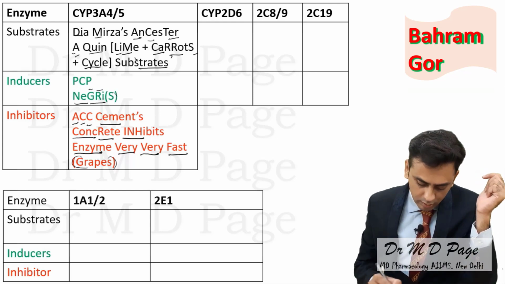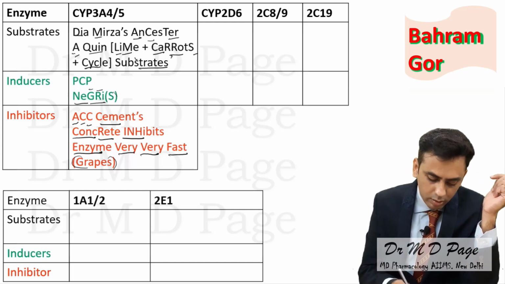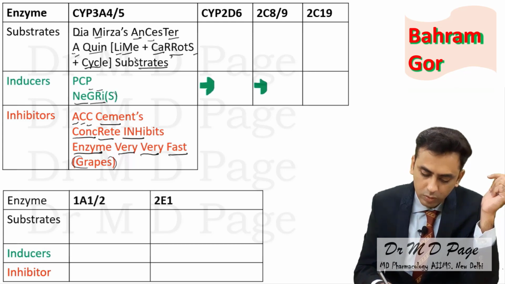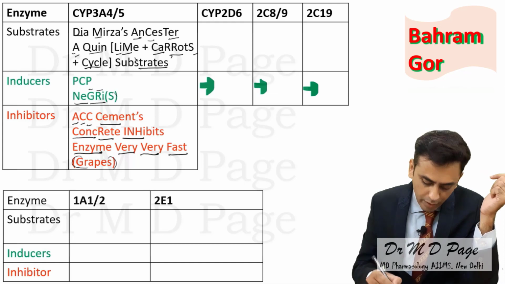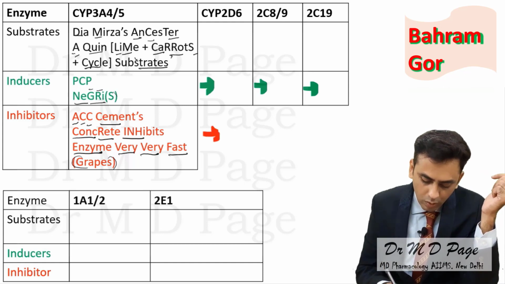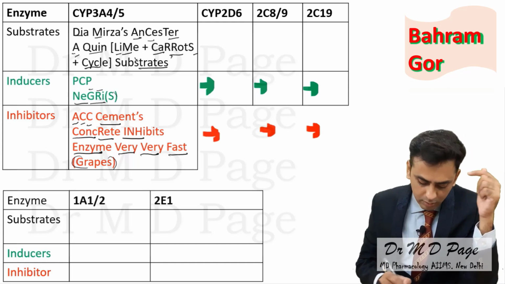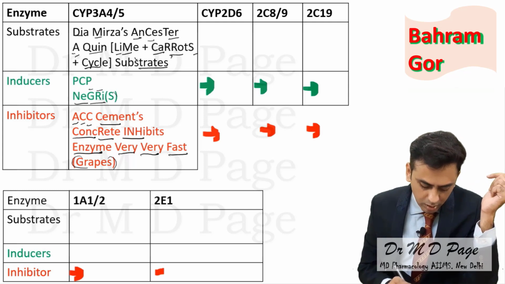So you can use these same inducers and same inhibitors for CYP2D6, 2C8, 9 and the others. But there are a specific few which you need to remember.